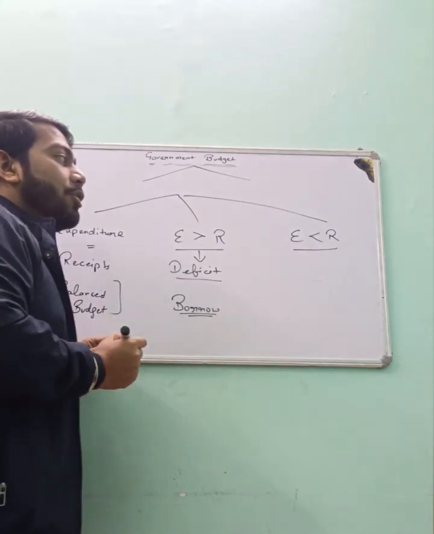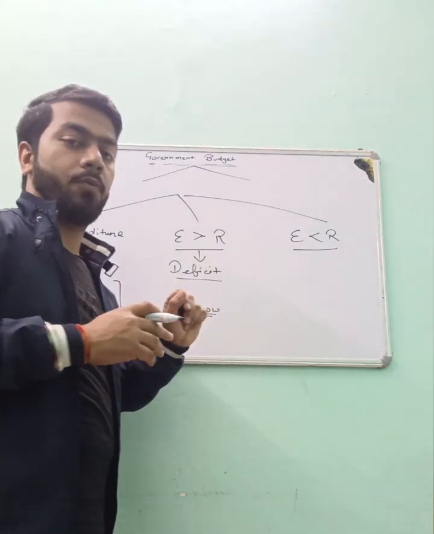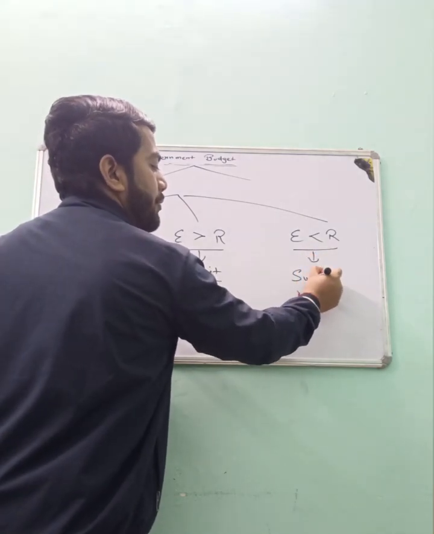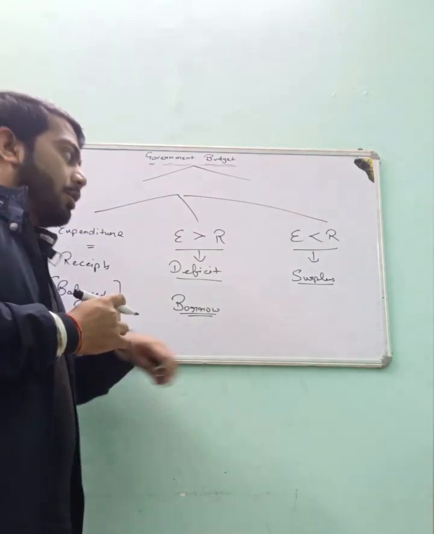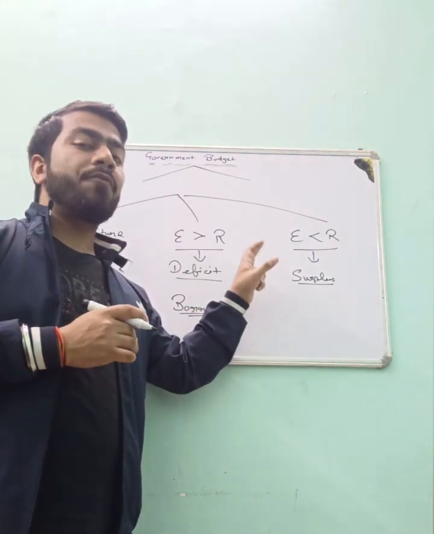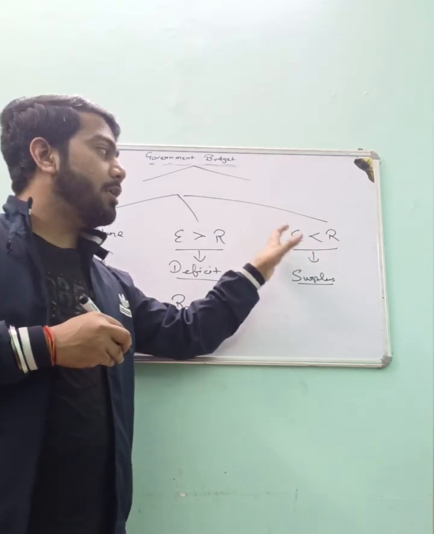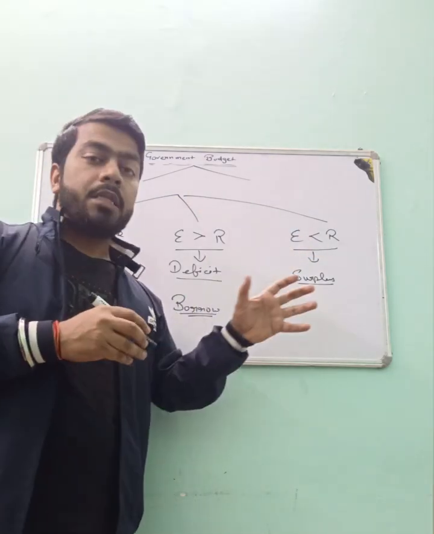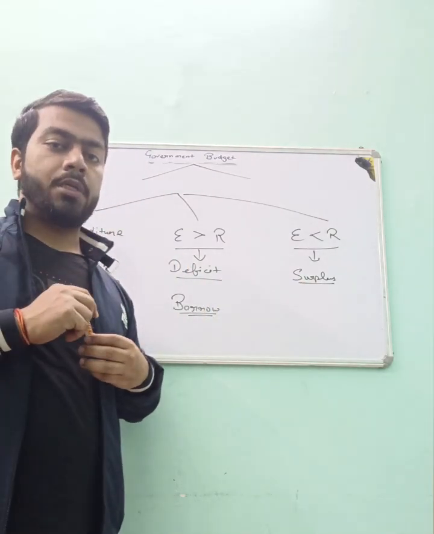And in the other situation, we are receiving more money, but we are spending a lesser amount. This is called a surplus budget. It is not a favorable situation. If we are receiving more money but still spending less, it means whatever we are receiving, we are not utilizing properly.